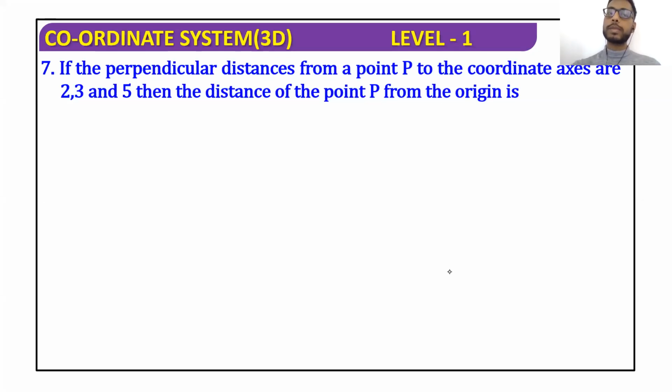So when I'm drawing a perpendicular to my x-axis, the distance of that perpendicular is equal to 2. When I'm drawing a perpendicular on, say, suppose my y-axis, the distance is equal to 3. And when I'm drawing a perpendicular to my z-axis, the distance is equal to 5.